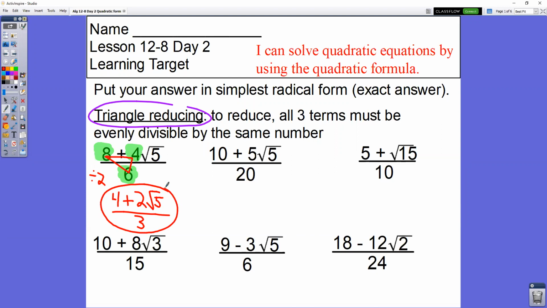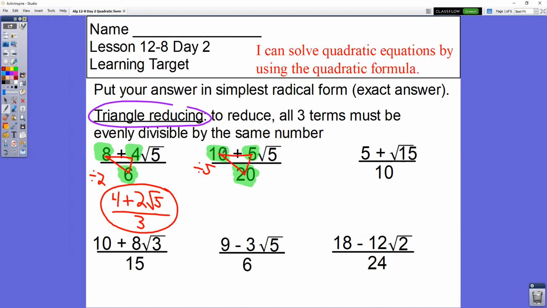When we take a look at the second one, we're looking at these 3 numbers, 10, 5, and 20. What's the biggest number that goes into 10, 5, and 20? 5. So you're going to divide each of those numbers by 5. We're going to triangle reduce it.